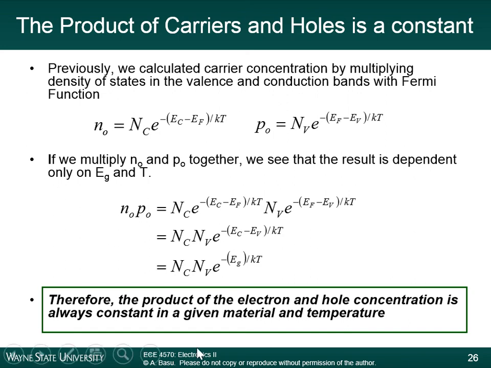We're taking these two exponents and adding them together, and when you do, you notice that the Fermi part, the EF, since it's present on both sides, drops out. So you end up with just EC minus EV divided by KT. Now EC minus EV is a constant.